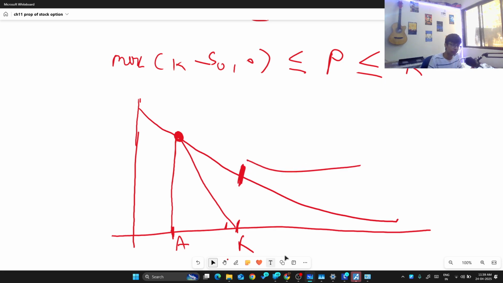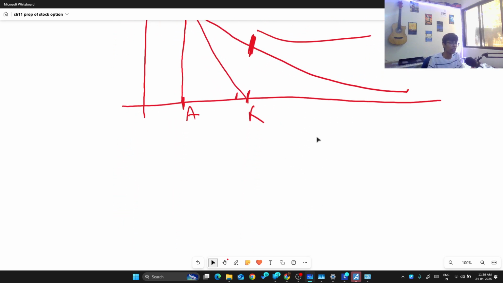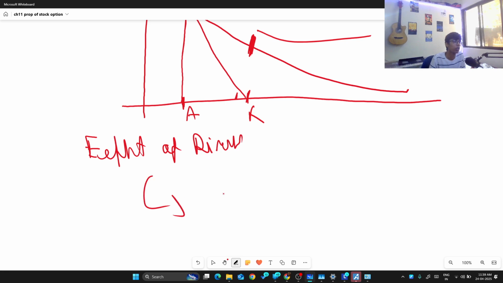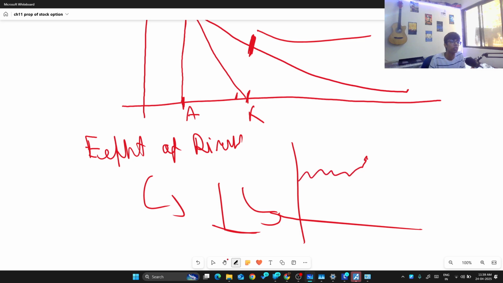So yeah, and now we will see the effect of dividend. If a dividend is announced, the stock price goes down. Let's say this is before the dividend, and after the dividend it takes a big drop, and then it goes like this.